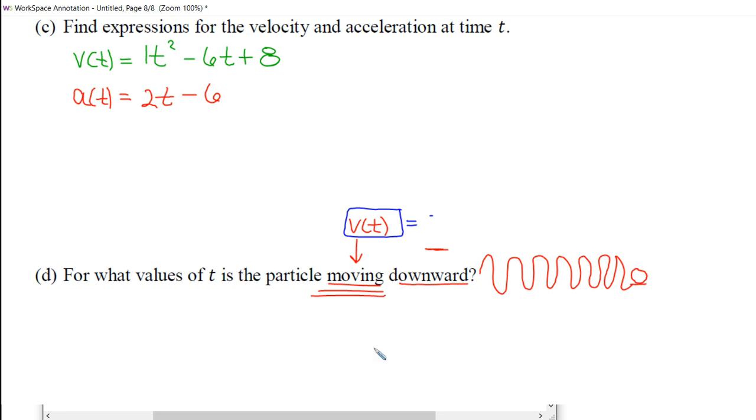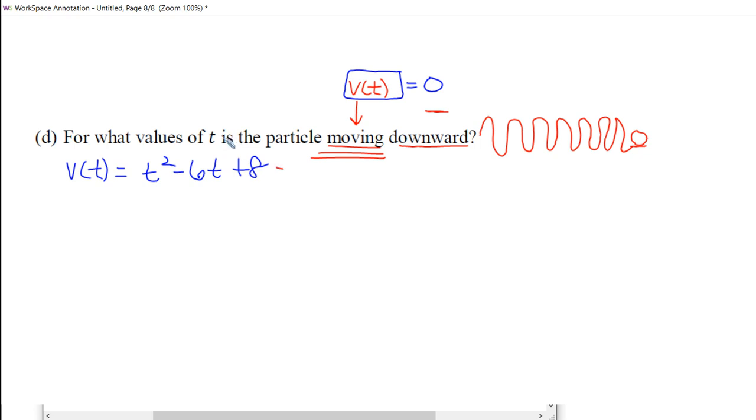So let's take a look at what I mean by that. My velocity function, first of all, I'm going to write it down here, was t squared minus 6t plus 8. Now I'm going to see where this is stopped, and you'll see why I want to know when it's stopped here in a second, okay?